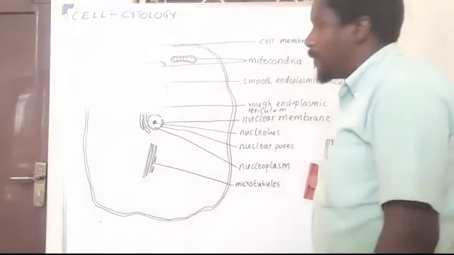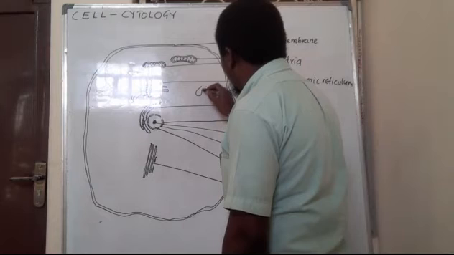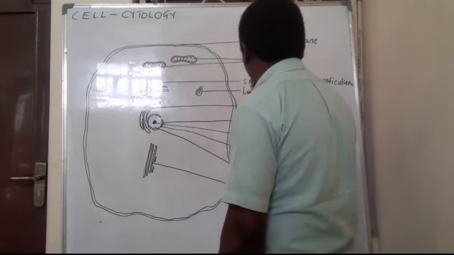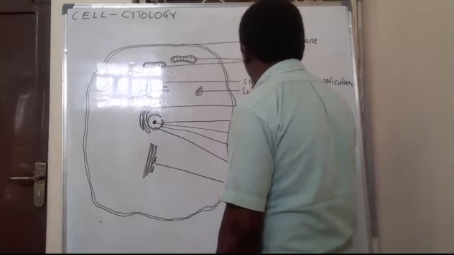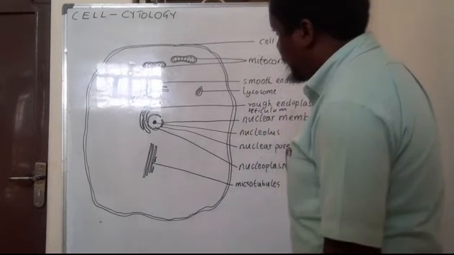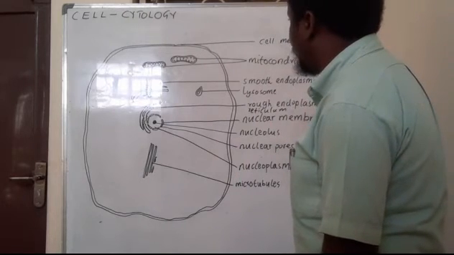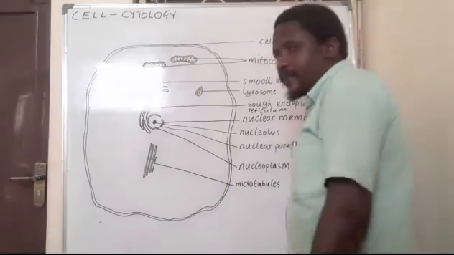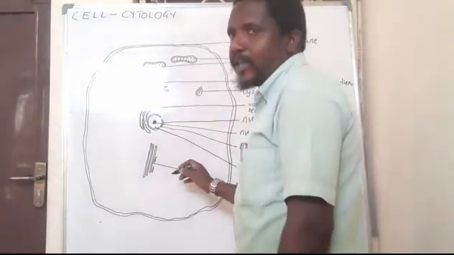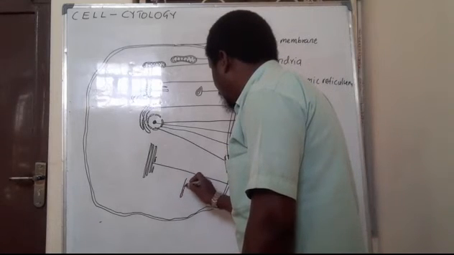We also have the lysosome. Another important structure you can see is the Golgi apparatus or Golgi complex. If you like, you can call it Golgi body, Golgi complex or Golgi apparatus.